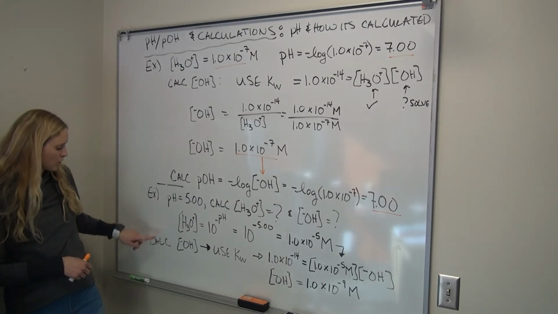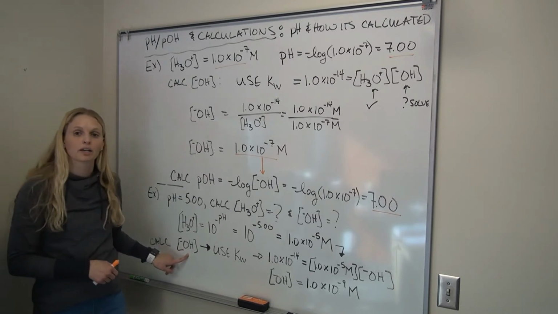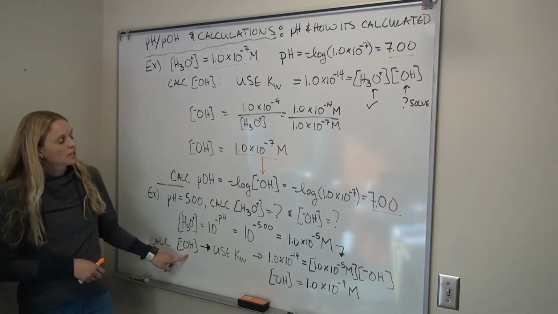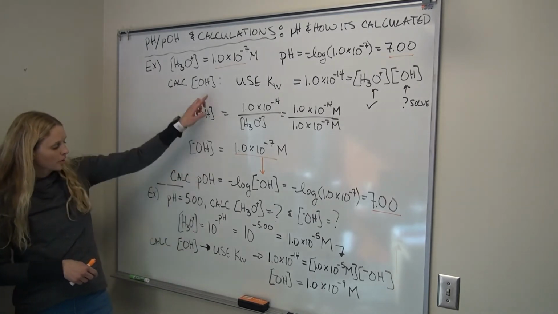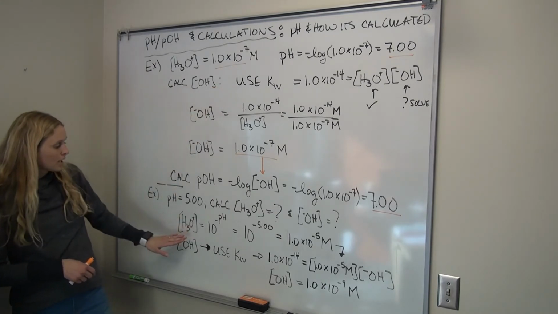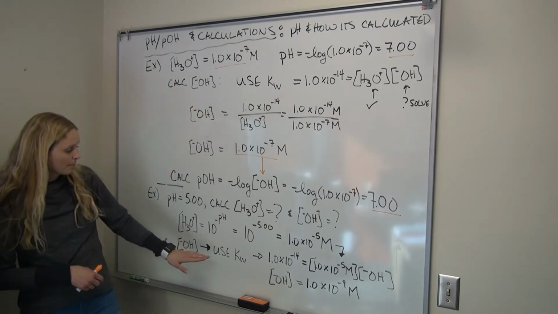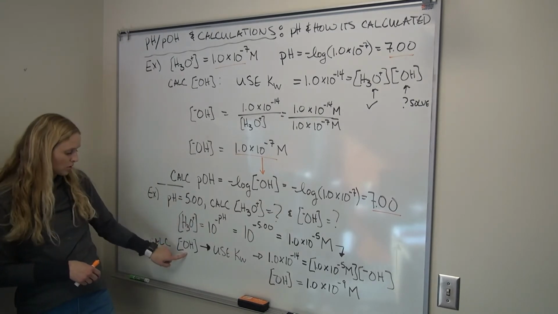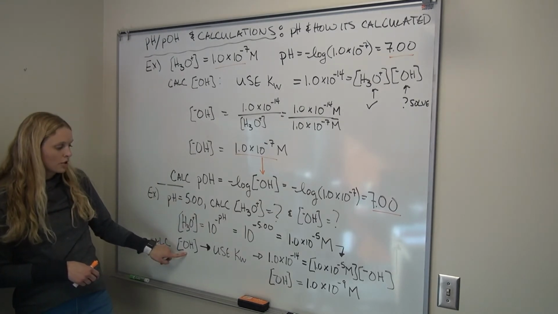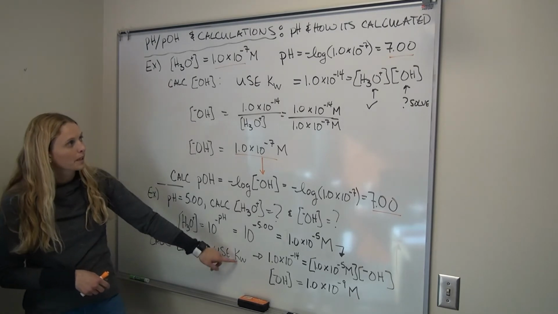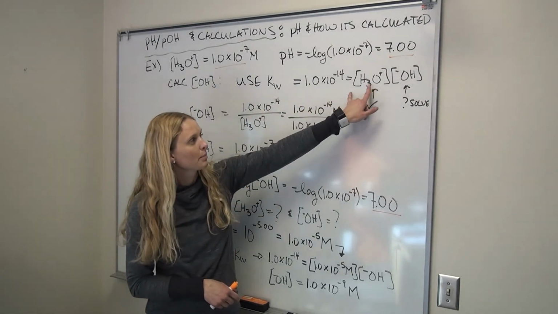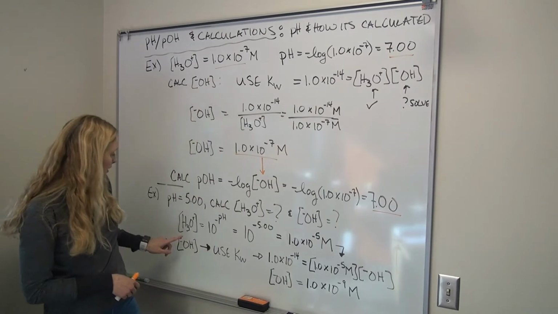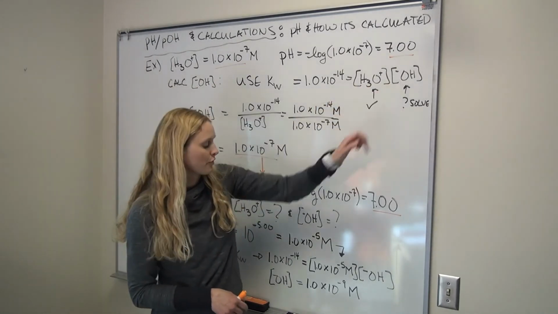All right, the next part of the question says calculate hydroxide ion concentration. So just like we saw up here, we know the H3O+ concentration, and we want to solve for hydroxide ion, so we can use Kw. Kw is equal to this up here. Again, we know this, we want to solve for this.